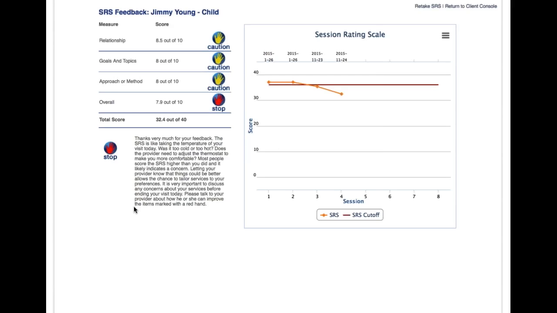Now we're saying that the client scores are in fact predictive of either success or failure. So when you get a yellow, you know that that client is at risk for a negative outcome unless you do something.